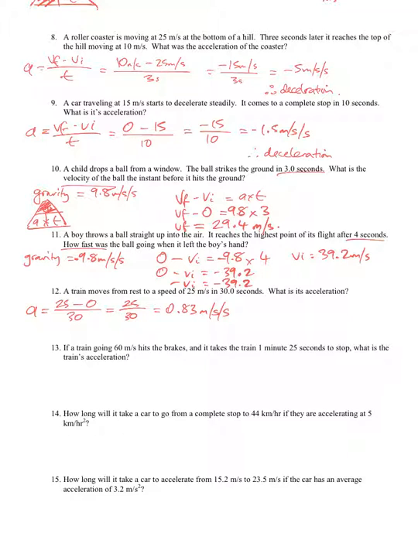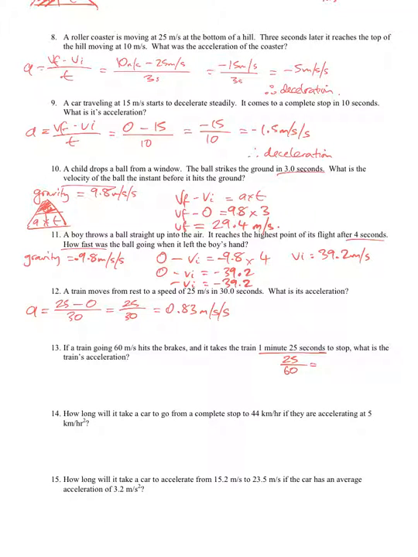Alright, if a train is going 60 meters per second, hits the brakes, and it takes 1 minute 25 seconds to stop, what's the train's acceleration? So we need to deal with 1 minute 25 seconds first, because we can't put 1.25. 25 seconds as a fraction of a minute is going to be 25 divided by 60.